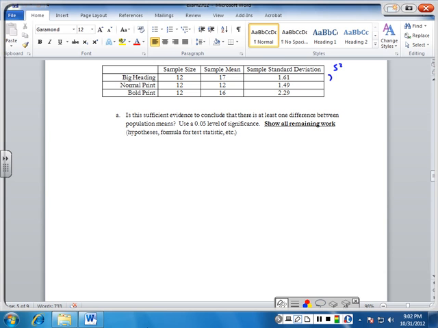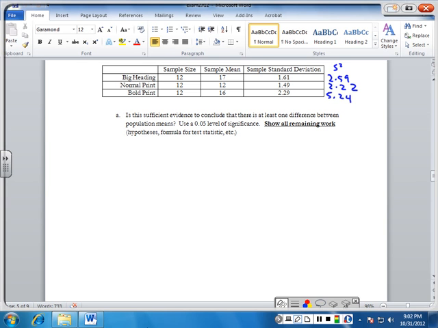So those are 2.59, that's just 1.61 squared, and then 2.22 and 5.24. So those are my 3 variances. In a couple of minutes here, I'll take the average of those and get MSE.